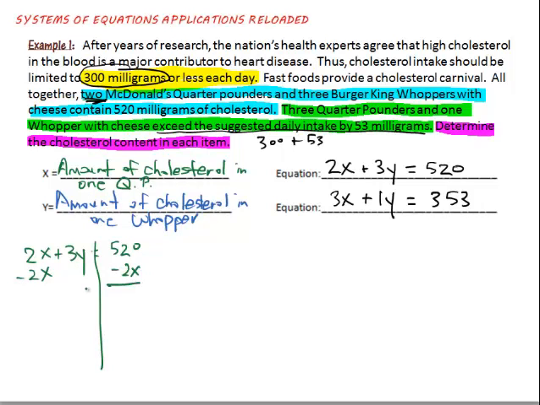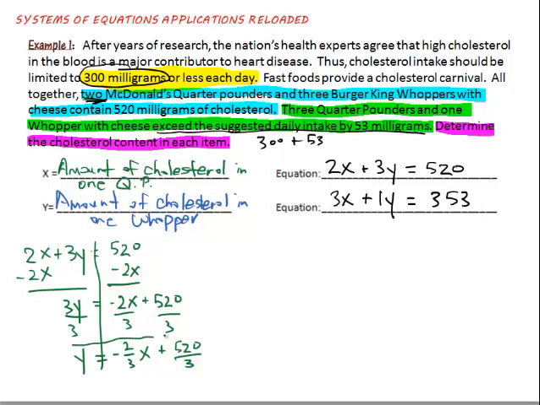That gives me 3y equals negative 2x plus 520. And then divide everything by 3. That gives me y equals negative 2/3 x plus 520/3, which does not reduce. You can try that in your calculator, but it doesn't reduce. So I'm going to leave it in these terms right here.